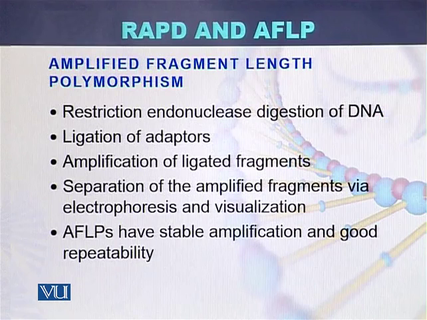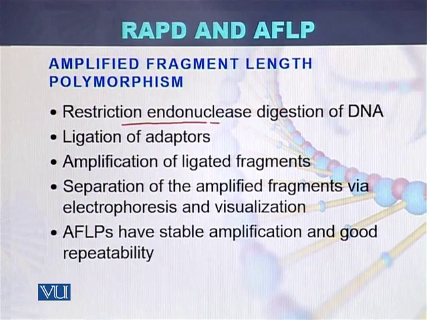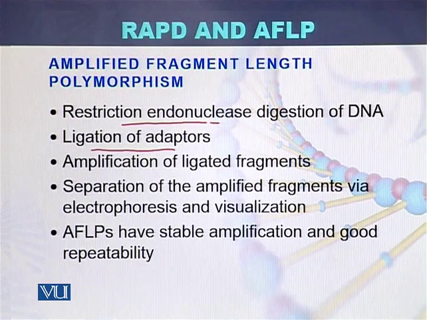While on the other hand, in amplified fragment length polymorphism, restriction endonucleases are used for the digestion of the DNA. Once restriction endonuclease enzymes are used for the digestion of the DNA, then there is ligation of the adapters. Adapters are attached on the ends of the DNA.